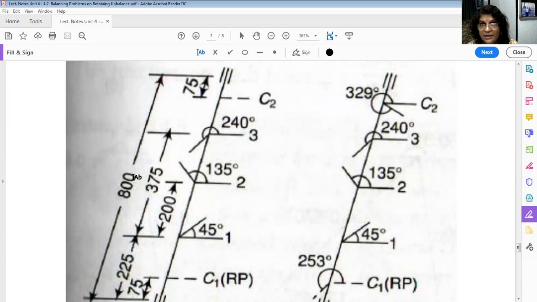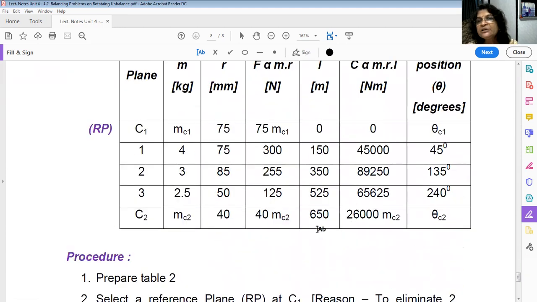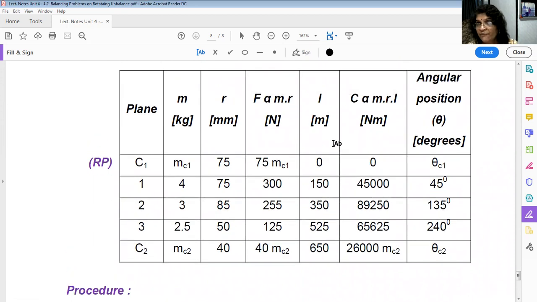Understood? So 800 minus 75 minus 75, this will give you 800 minus 150, that is 650. So the distance between C1 and C2 is 650. Understood this column? Very important. Here only you have to think where to take the reference plane, then further thing is automatically mechanical.